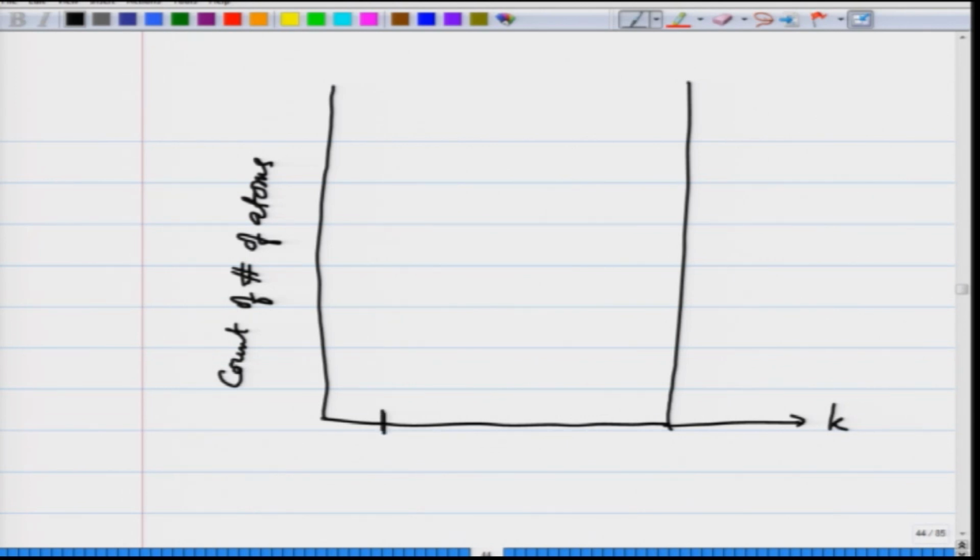I am measuring k in the first Brillouin zone, so let me write this as minus pi by a to pi by a, and this is 0. They started with a wave packet with a small spread in k space. The number of atoms with k equals 0 is very large, and then obviously there is a spread, some atoms have other k values also, and this is at t equal to 0. Now they turned their lasers on and let the whole thing accelerate for some time.